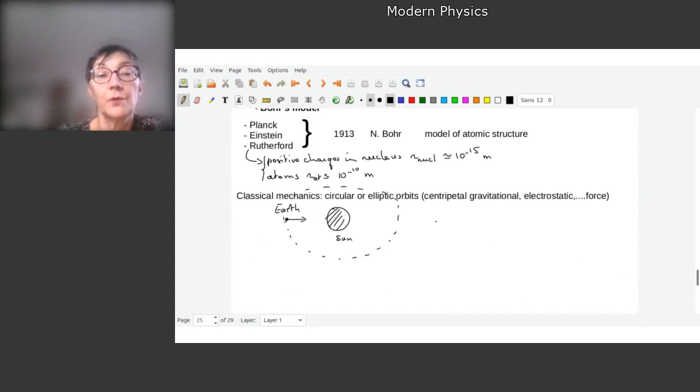mechanical energy, K plus U is constant, and you have a force which is proportional to 1 over r squared, where r is the distance between the center of the earth and the center of the sun.